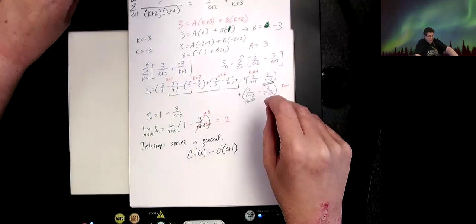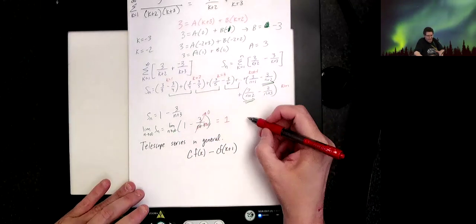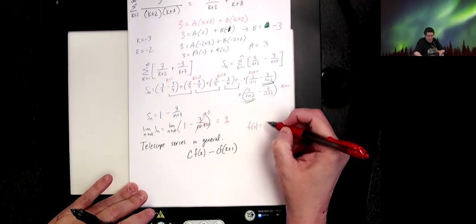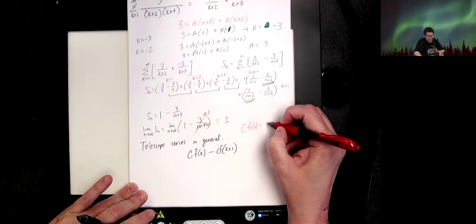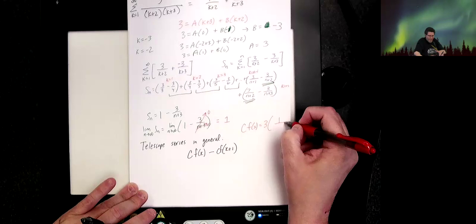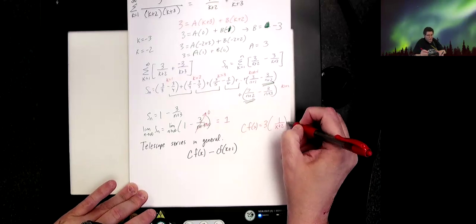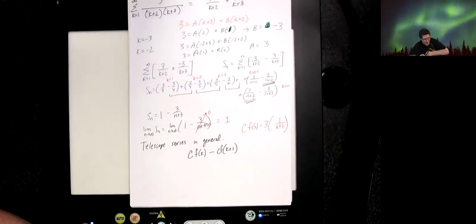So this would be like this one here, f of x. C f of x was 3 times 1 over x plus 2. If I plug in k, I get k plus 2. If I plug in k plus 1, I get k plus 3 on bottom.